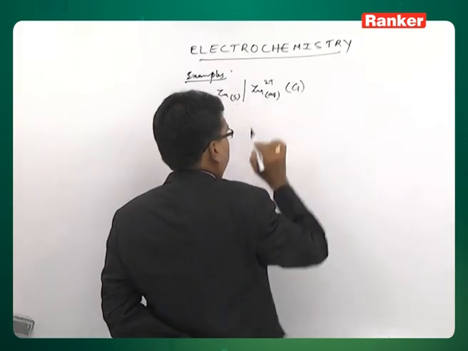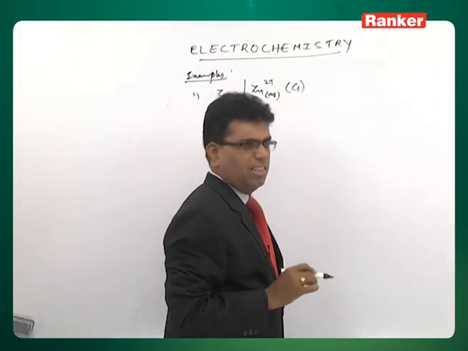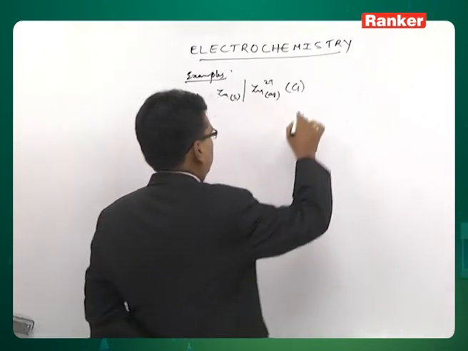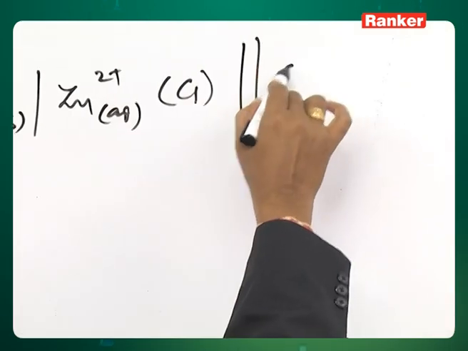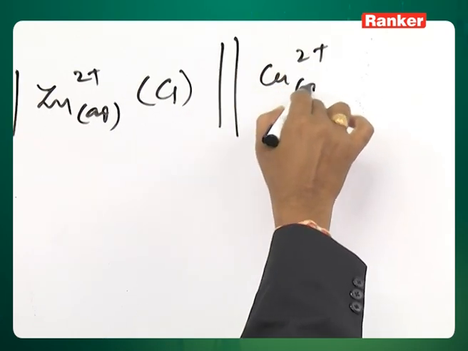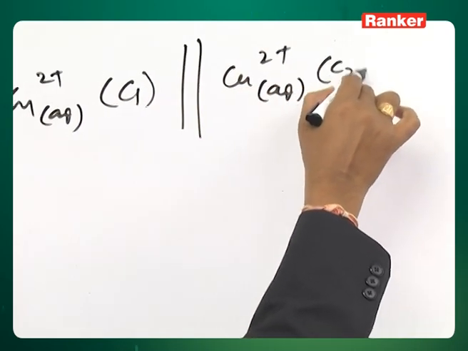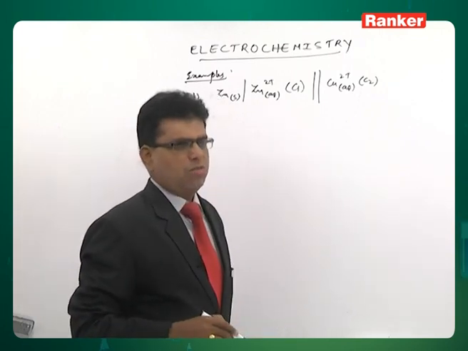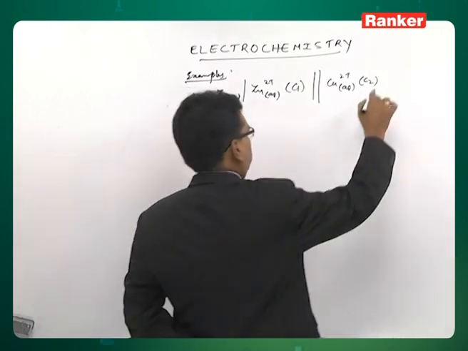C1 is the concentration of zinc ions, that is zinc sulphate or zinc ions in the solution. Cupric ions in the solution, suppose they have a concentration C2 mole per liter. C1, C2 are concentrations of zinc ion and cupric ions in the solution.